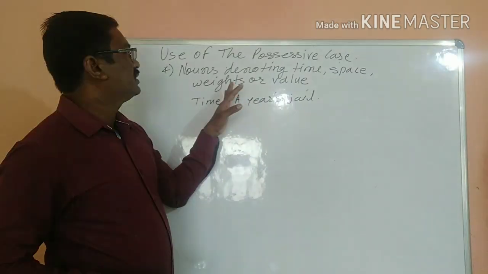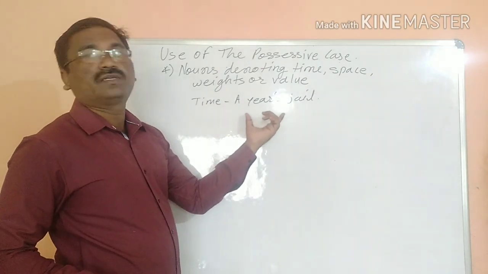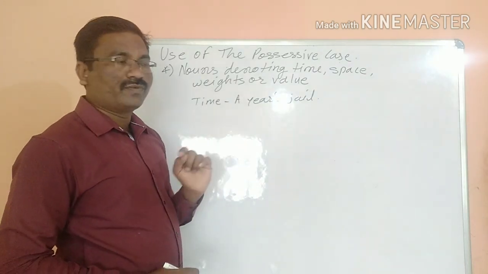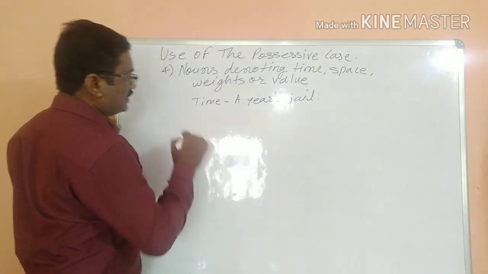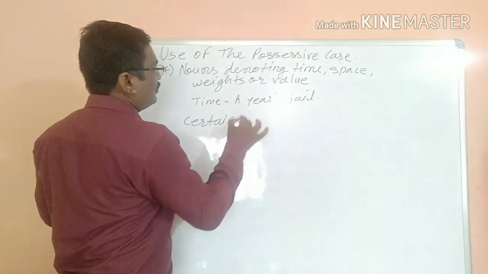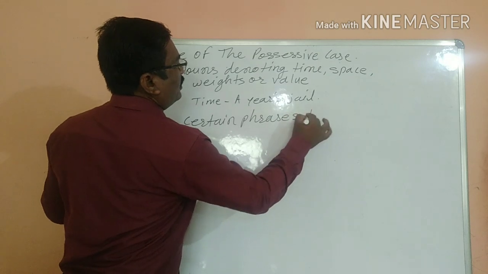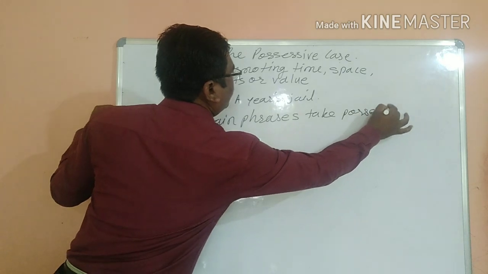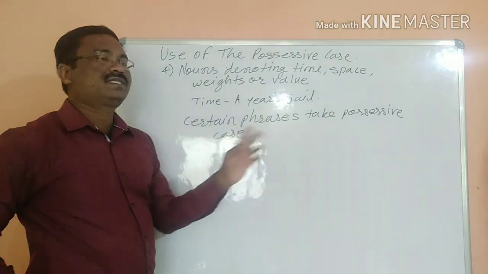Or you can use 10 kilos weight, like this also we can use apostrophe s. Next one, we are going to see that certain phrases take the possessive case.